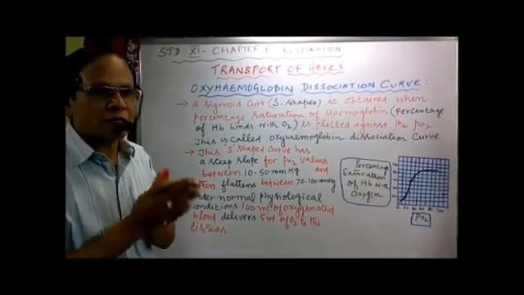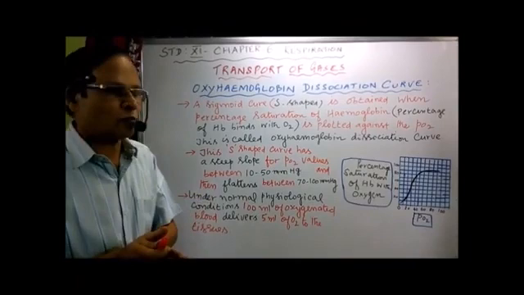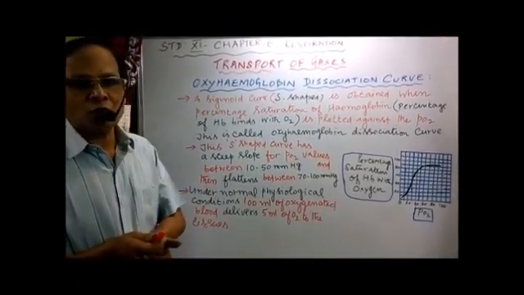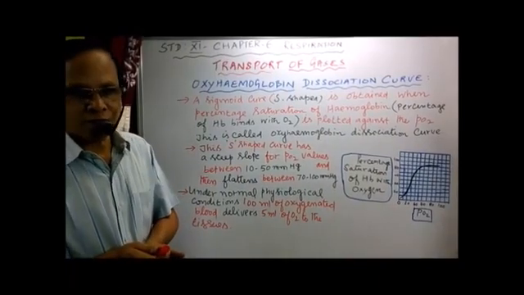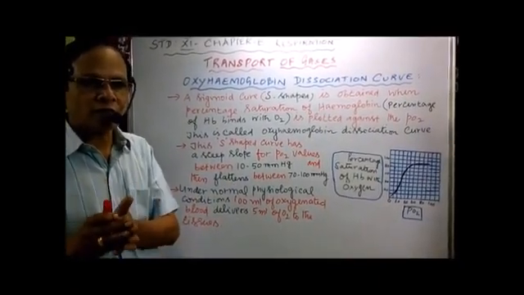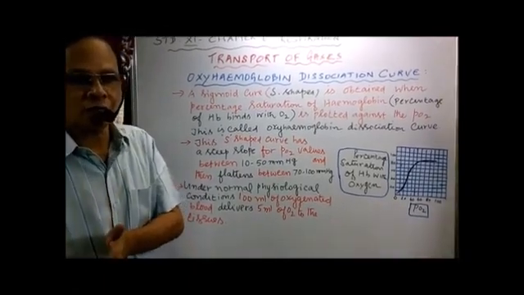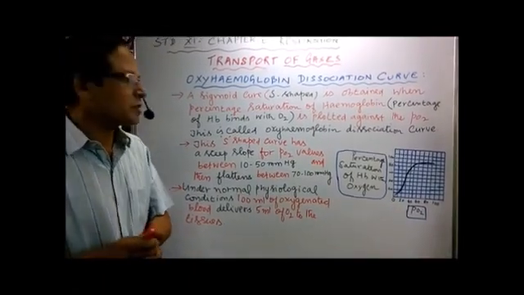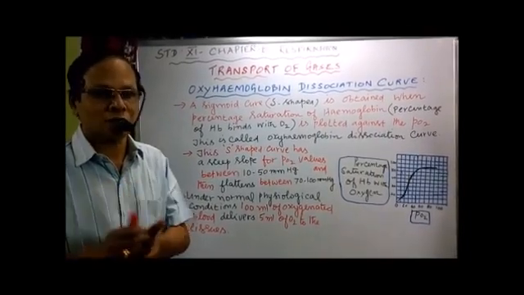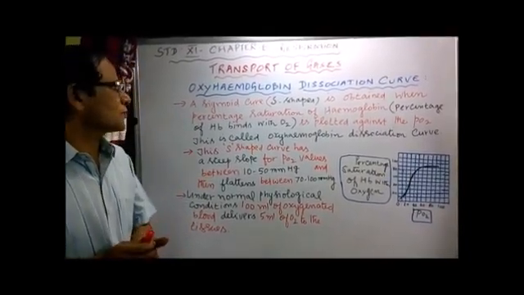We can receive only 97% saturation. That is, when you have 104 millimeter mercury of oxygen in alveolar air, we have only 95 millimeter mercury in the oxygenated blood. You see the difference. That's why I said there is no 100% saturation, only 97% saturation of hemoglobin with oxygen.